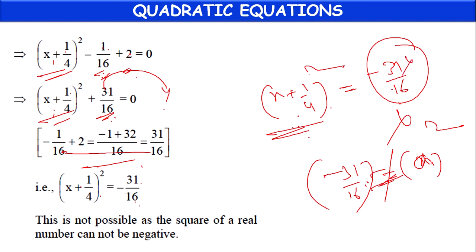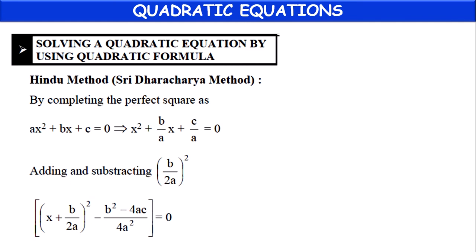We cannot write 31 as any number square, but 16 can be written as 4 square. So this is wrong. Here the real number we are getting is negative. It is not possible. This method is not possible when we get the square as negative. So we cannot find the roots for this equation.